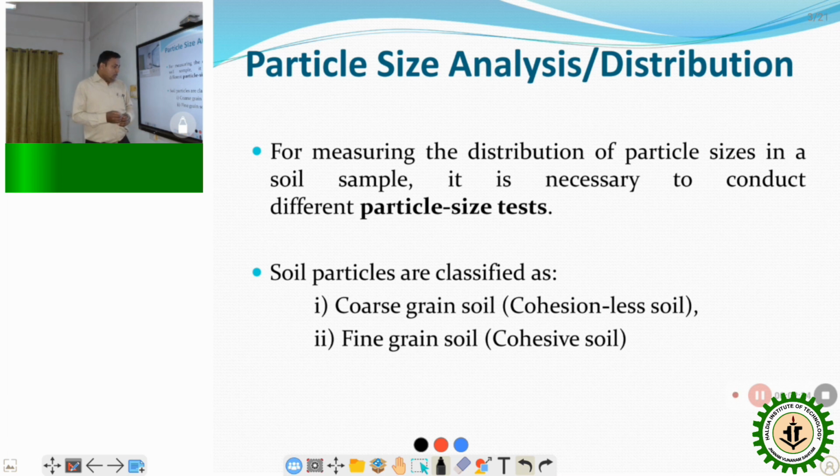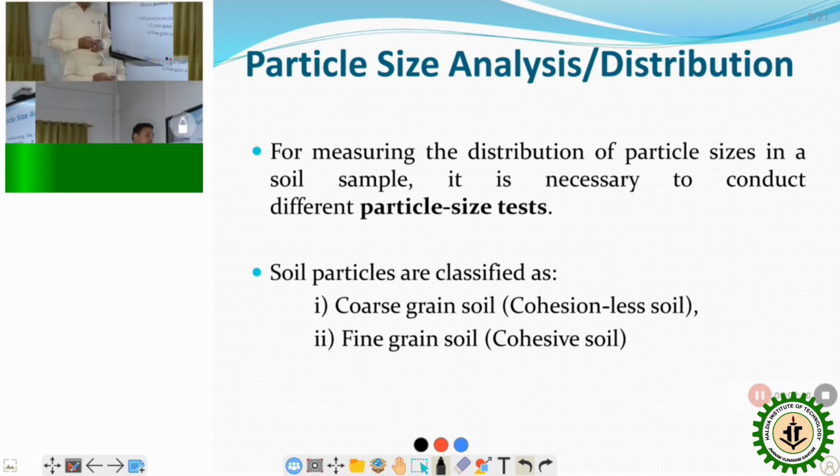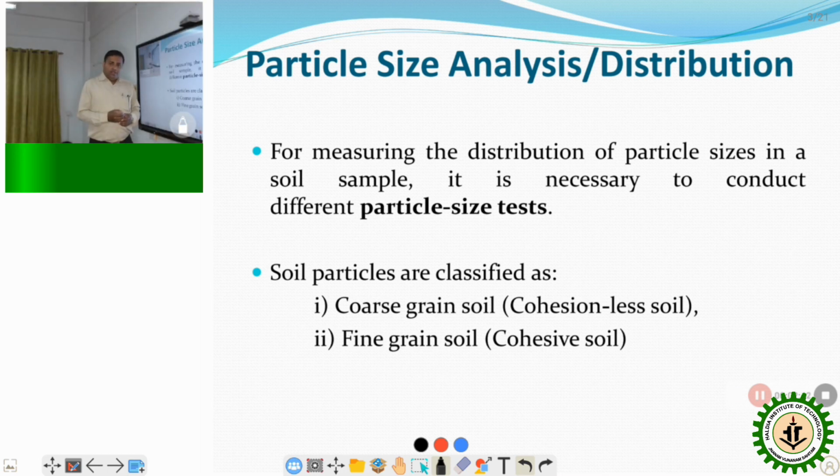And another type is fine grain soil, wherein particles are very fine, and it may also be called cohesive soil, meaning particle to particle attraction force is present in the soil mass.